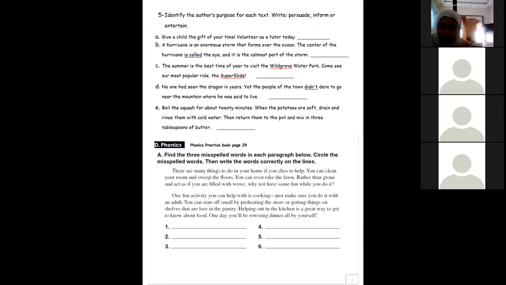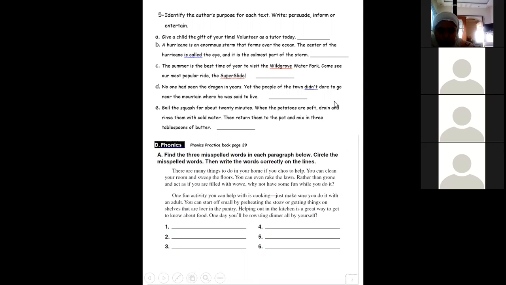When we say persuade, we mean that we want the others to believe something. We give information, but also we give our opinion. Inform, we just give information. We do not give our opinion. And entertain, to have fun.